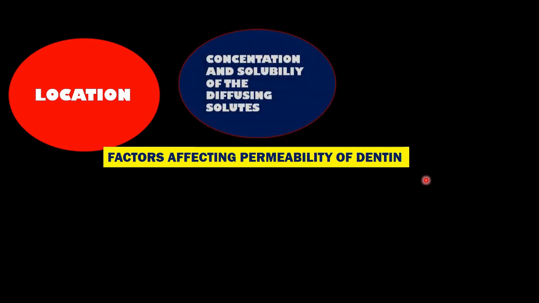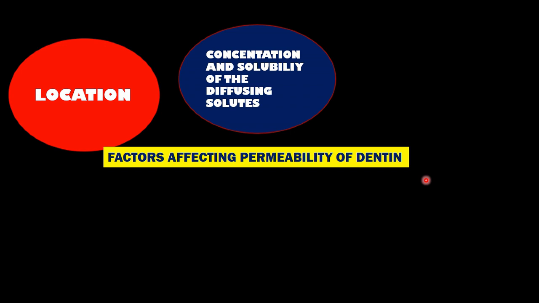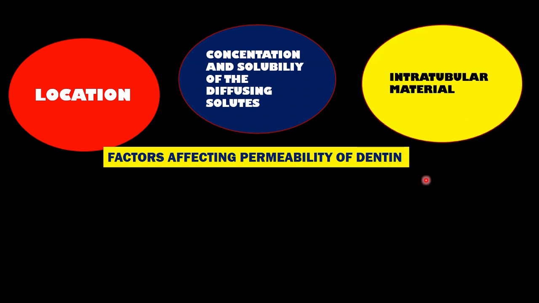The next factor is the concentration and solubility of the diffusing solute. The rate of diffusion is dependent on the applied concentration, but it is inversely proportional to the dentin thickness. And the surface area available for diffusion, the temperature and the chemical characteristics of the diffusing molecules also affect the diffusion. And the third factor is the intratubular material.